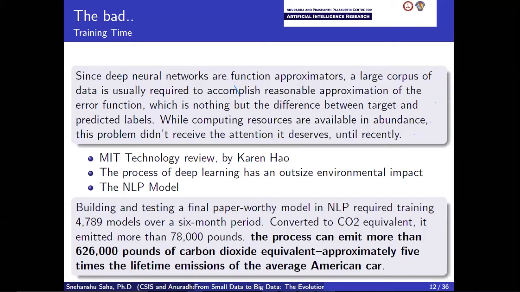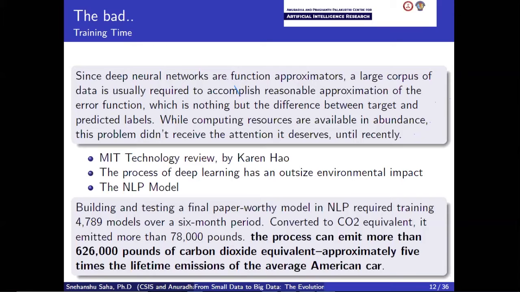There is a recent MIT Technology Review article by Karen Hao, where they reported that a standard NLP model, which required a certain number of aggregation models over a certain period of time, when you are done with training over a 6-month period, the CO2 emission is approximately 78,000 pounds. Imagine. Let that sink in.